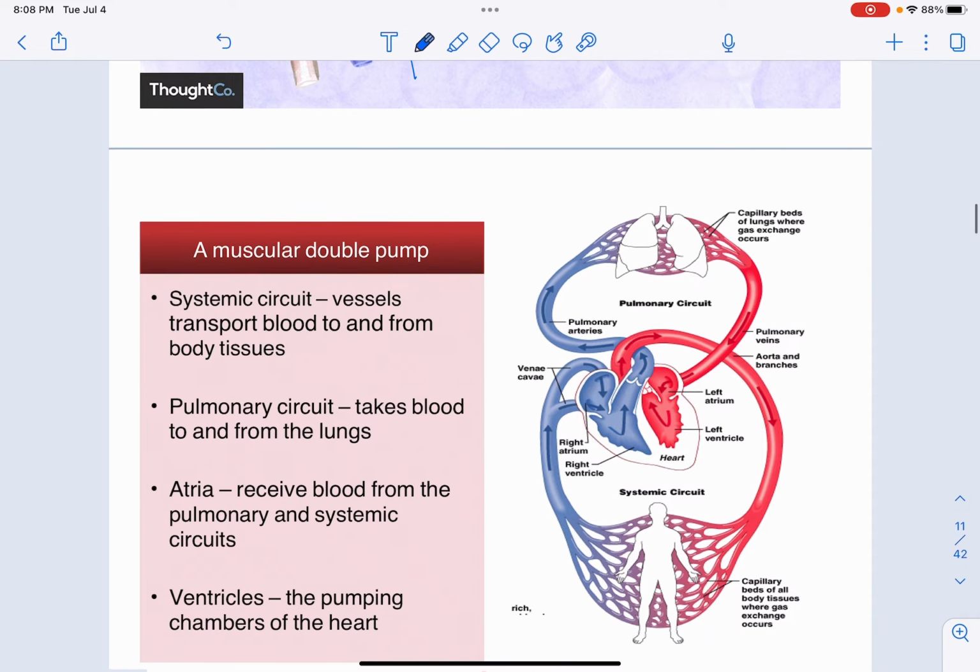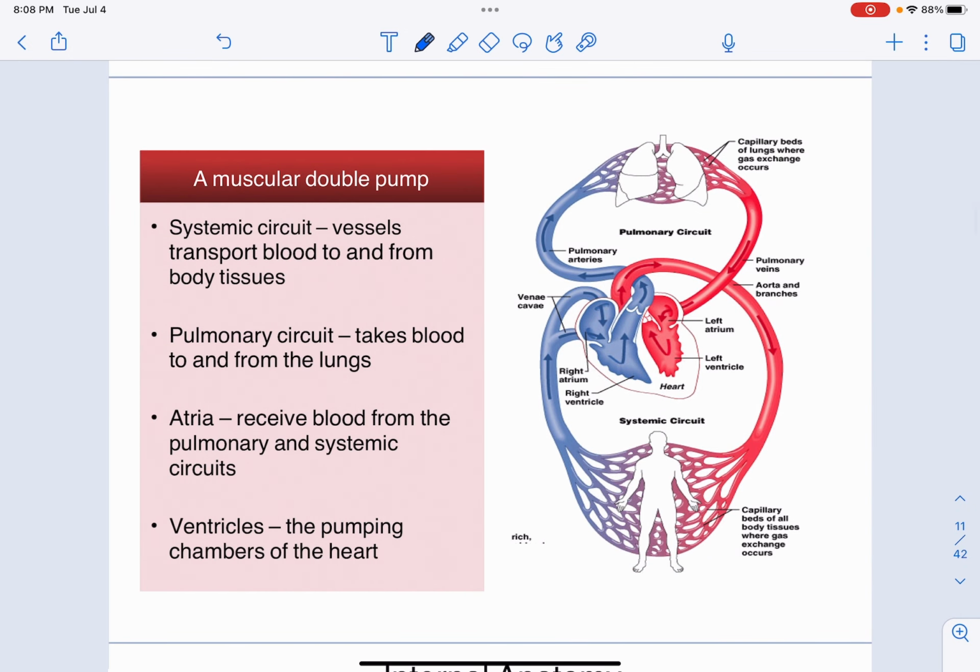All right, so let's talk about these circuits. This is a really good picture showing you these different circuits and how the heart is considered to be a double pump because we have two different circuits going on. So we have the systemic circuit, which is what I told you about, and that has to do with the left side of the heart.